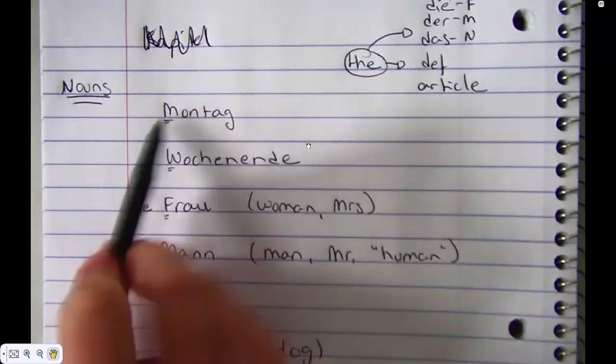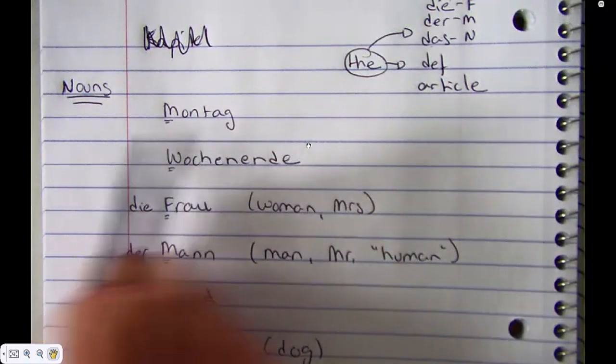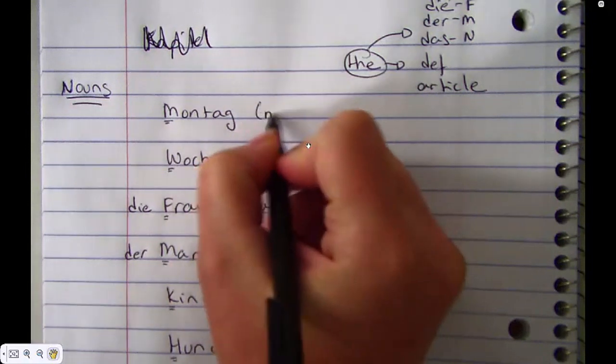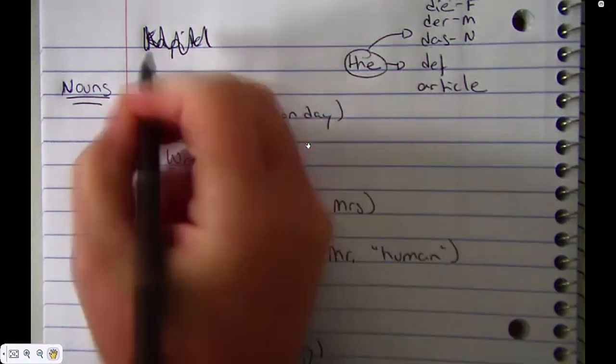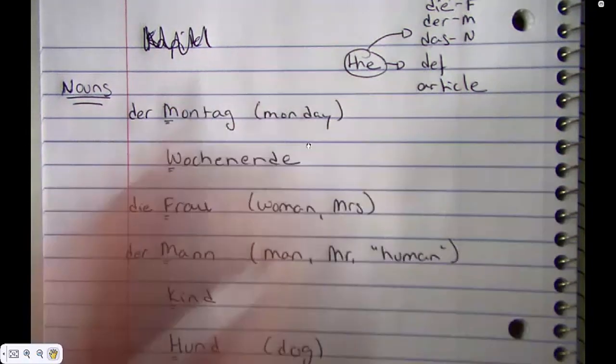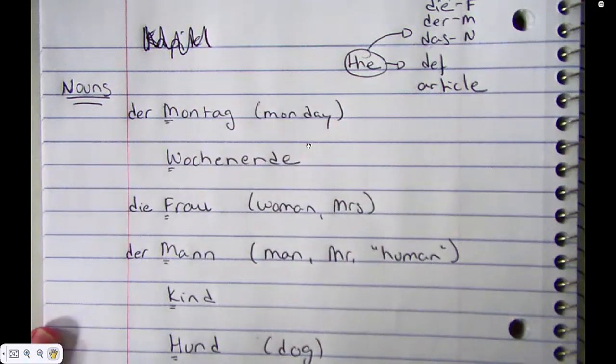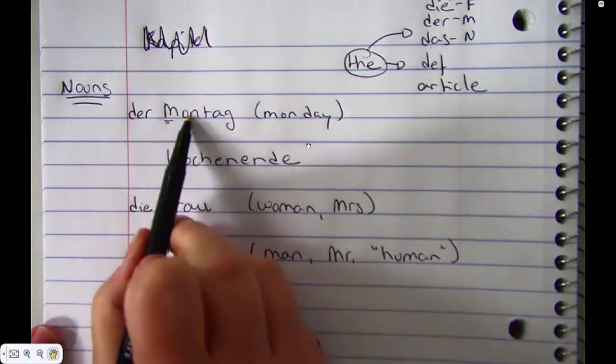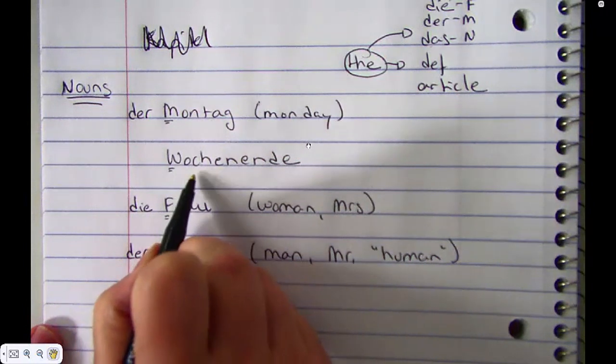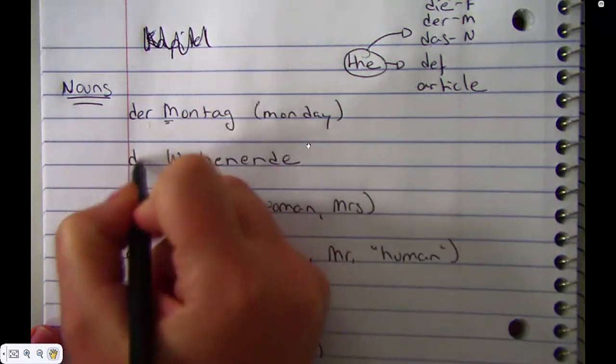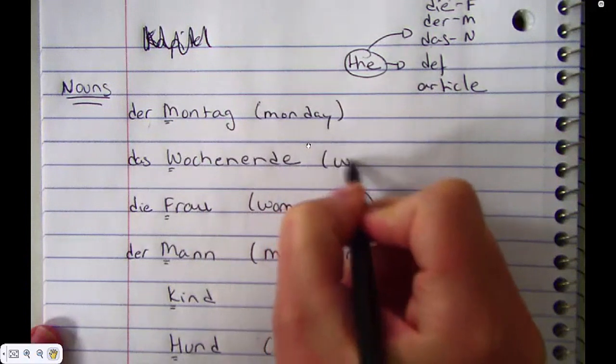So when I have something like Montag, Monday, Monday is going to be der. And actually all the days of the week are masculine. So it's the Monday, der Montag, masculine. Wochenende is actually das. And this one means weekend.